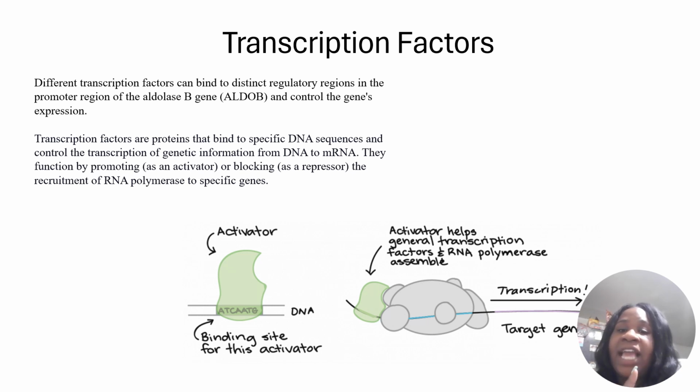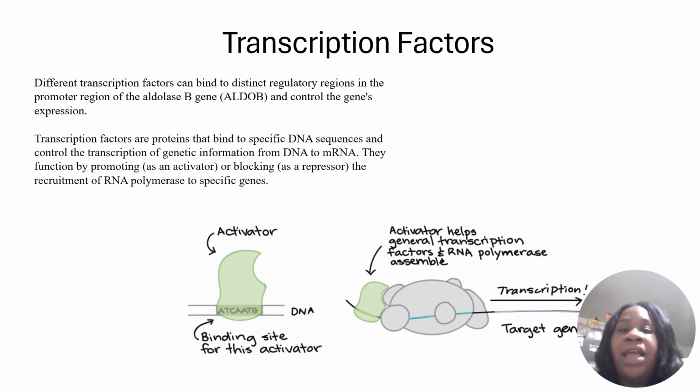You have the second transcription factor, which is HNF3. It's known as forkhead box A, which is also known as FOXA. It's another transcription factor involved in liver development and function. It binds to elements within the promoter region of the aldolase B gene.